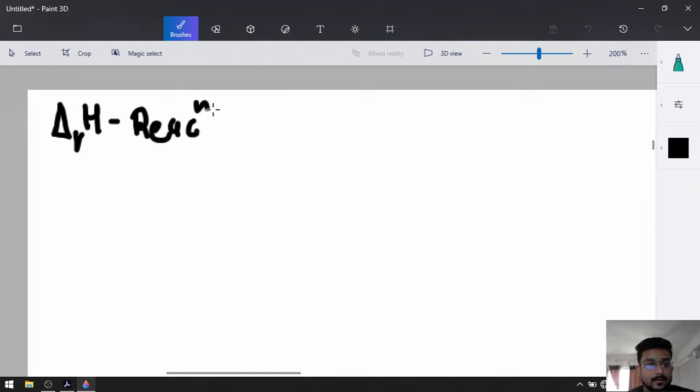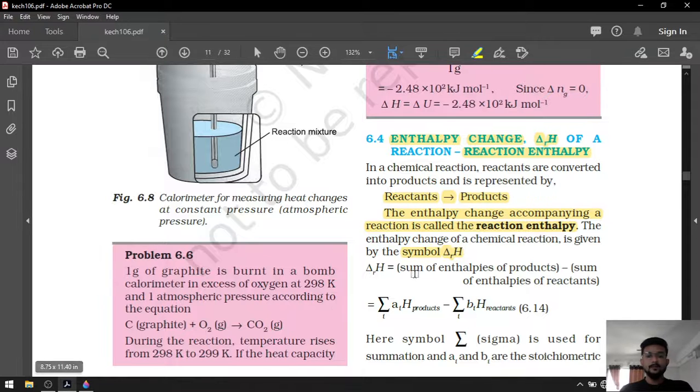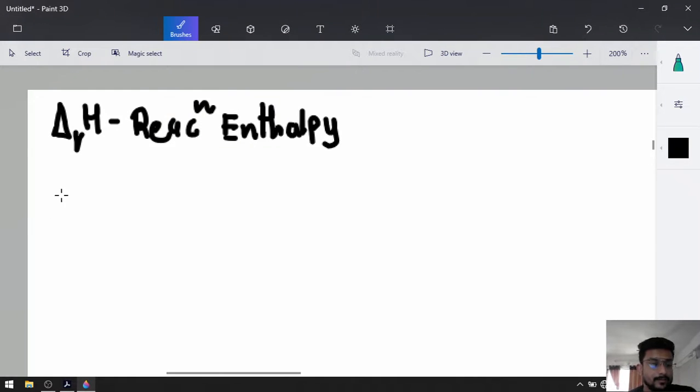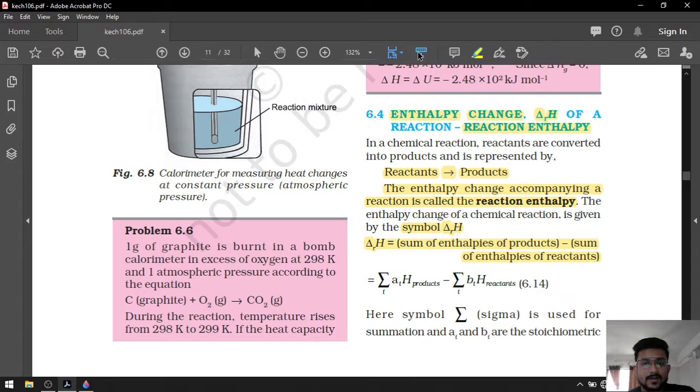Now, the formula for the reaction enthalpy is the sum of the enthalpies of the products minus the sum of the enthalpies of the reactants. Quite simple, right?